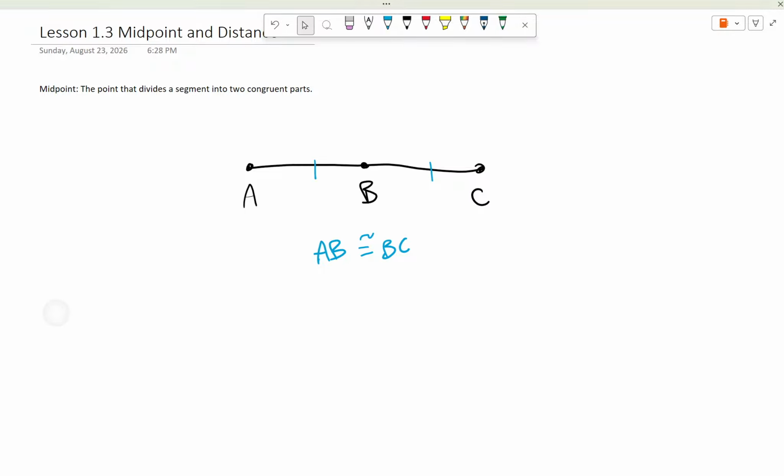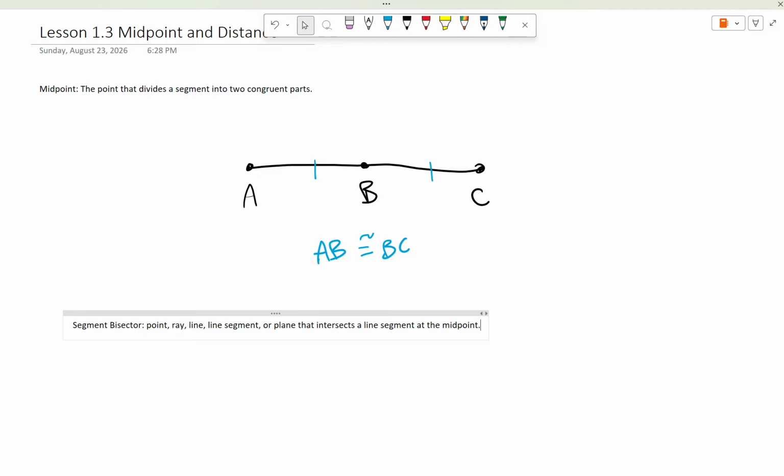Next, which is a construction we're going to do in class, is the segment bisector. A segment bisector is a point, ray, line segment, or even a plane that intersects a line at the midpoint.